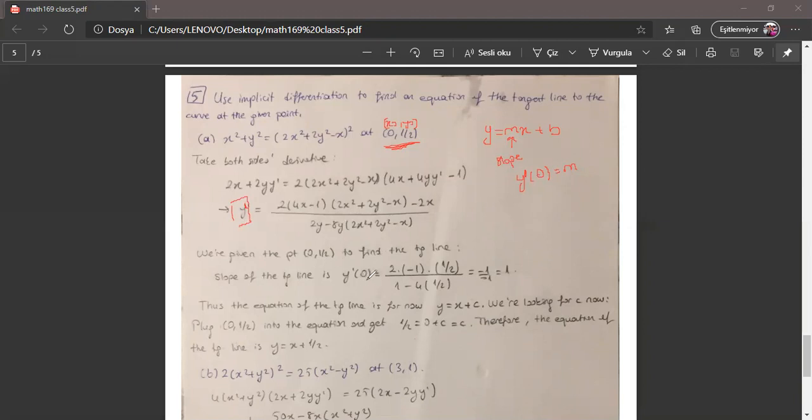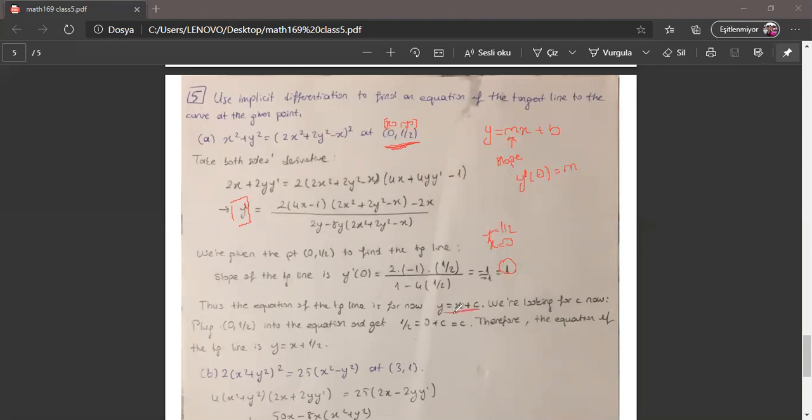So we put x equals 0. Okay, so we know x equals 0. What about y? We know y equals 1/2, because the point satisfies these two coordinates in the reals, okay? So we just plug x equals 0 and y equals 1/2 to get the slope, which is 1, okay?